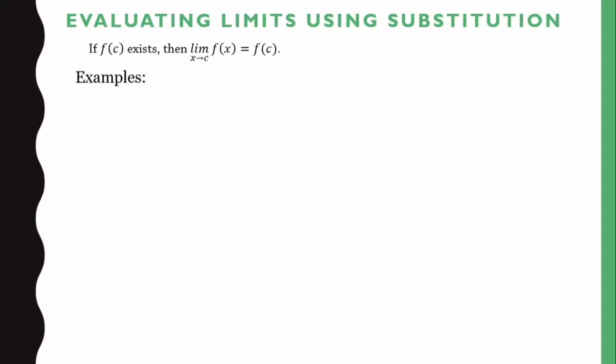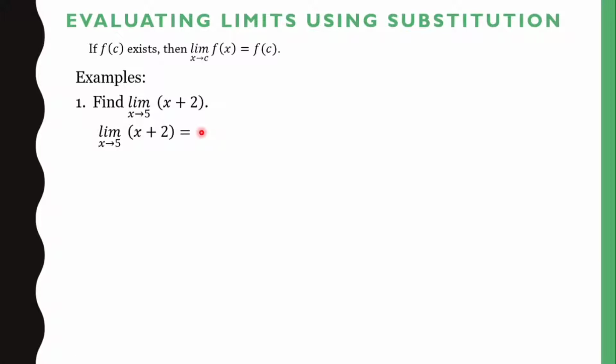We have here some examples. 1. Find the limit of x plus 2 as x approaches 5. Again, using the substitution method, we will substitute x with the value of c. So, we will substitute x here with 5.